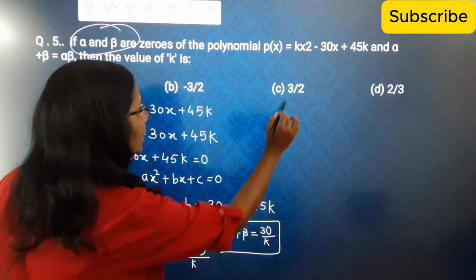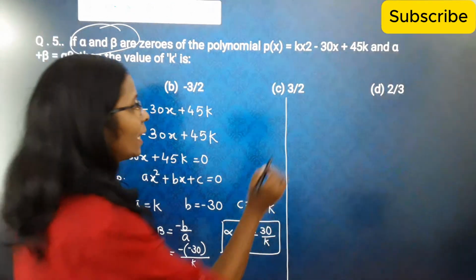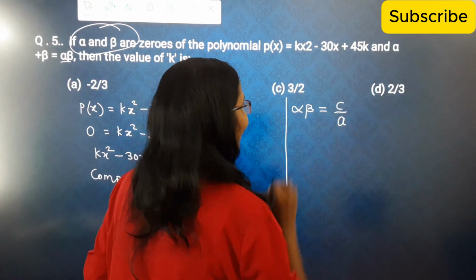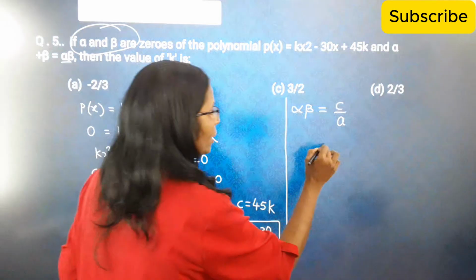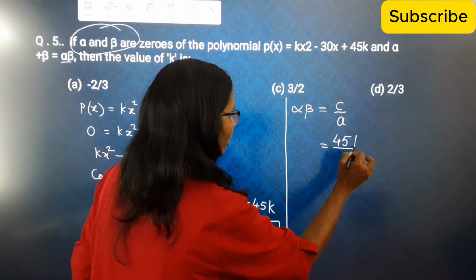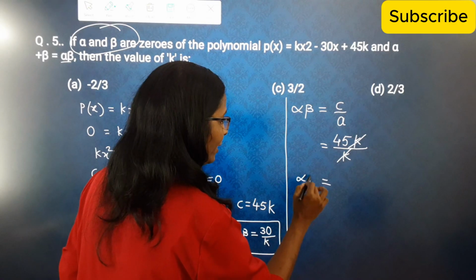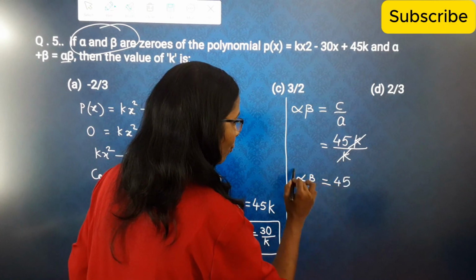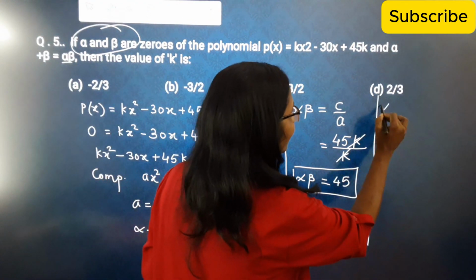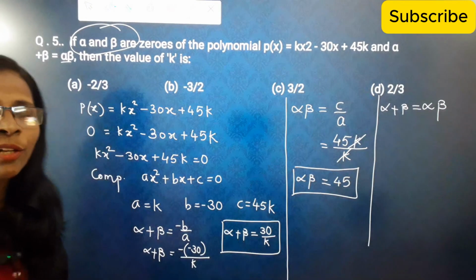Now the next one, we also find the value of alpha beta, the product of the zeros of the polynomial. The formula is c upon a. Now c is 45k and a is k. 45k upon k, so k gets cancelled. So alpha beta is equal to 45. Now the given condition is alpha plus beta is equal to alpha beta.